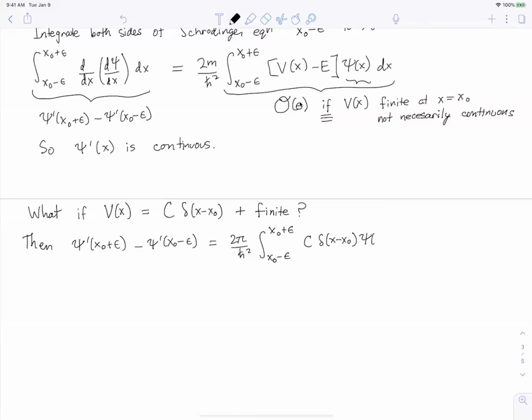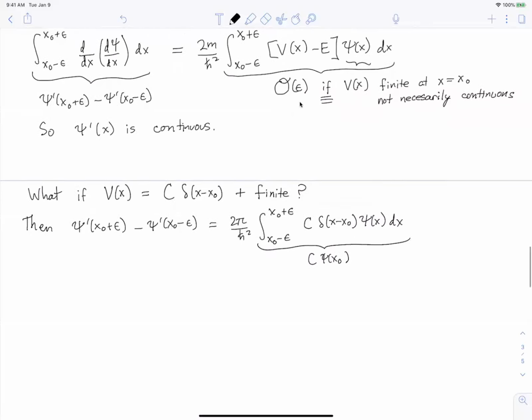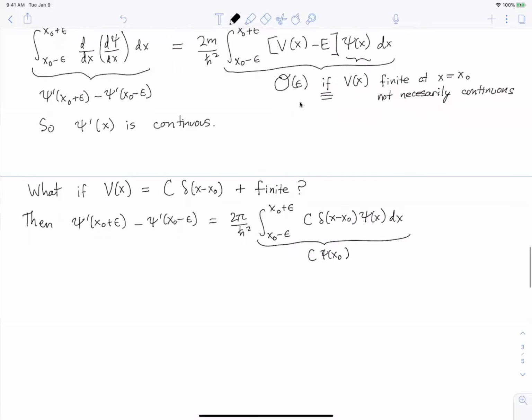And so I'm including that. And in fact, the definition of the delta function tells us what this integral is. This integral is nothing other than c times psi of x0. Okay, so that's not 0 as epsilon goes to 0. And so what we've derived is, in this case, there's a discontinuity in the derivative of the wave function.